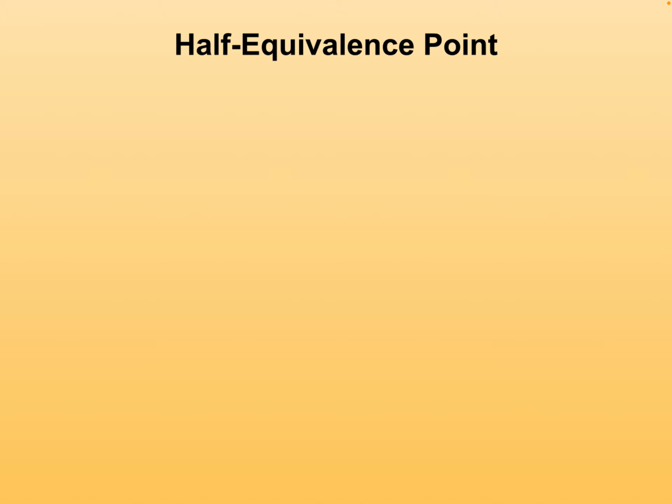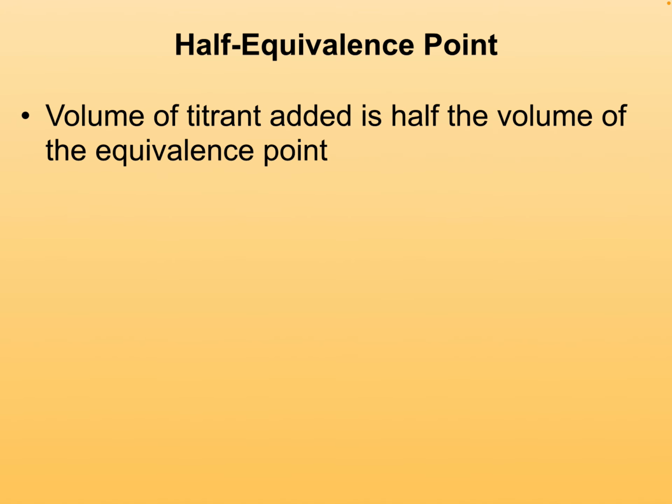One thing that we can also gain from our titration curves is we can also find the half equivalence point. So this is the volume of titrant added that is half the volume of the equivalence point. So if the equivalence point is at 30 milliliters, the half equivalence point will be at 15 milliliters.